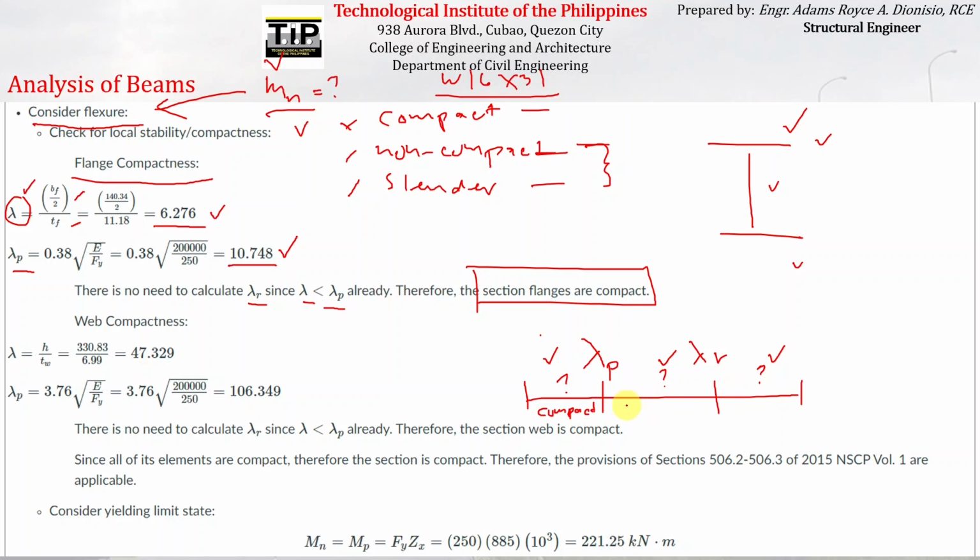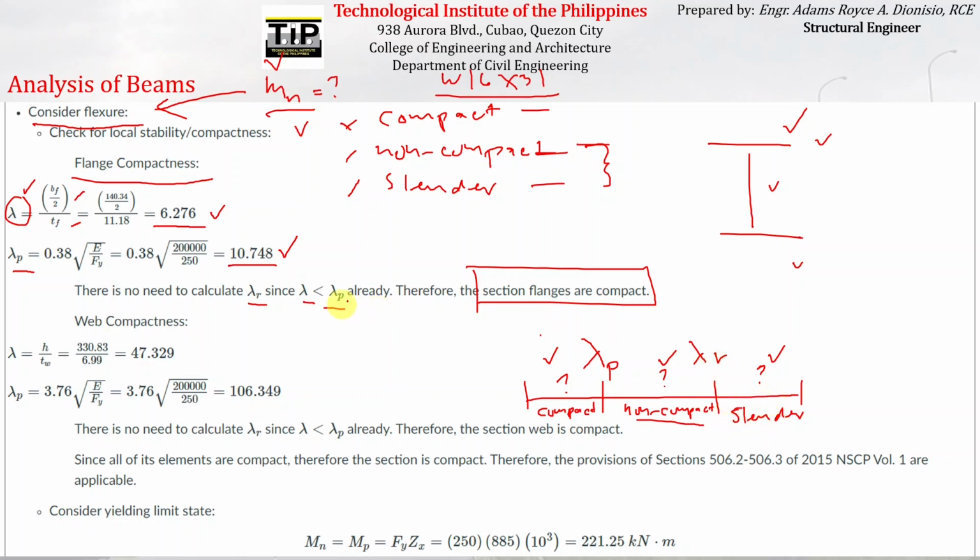If the lambda is plotted here in between lambda p and lambda r, therefore, we can say that it is non-compact. Although on this particular portion, non-compact includes lambda p, so if the lambda is equal to lambda p, we can still consider it as non-compact. But if the width thickness ratio is plotted here, we can consider it as slender if it is greater than or equal to lambda r.